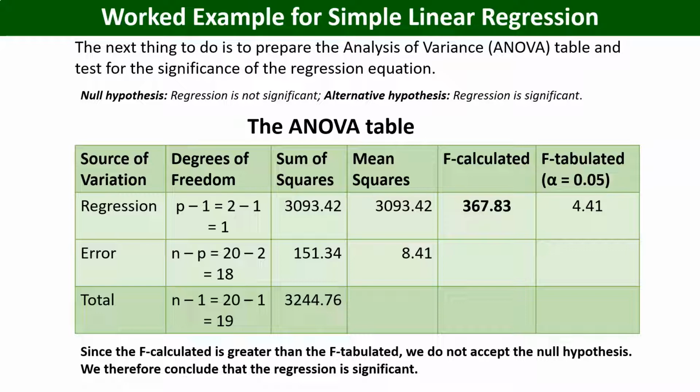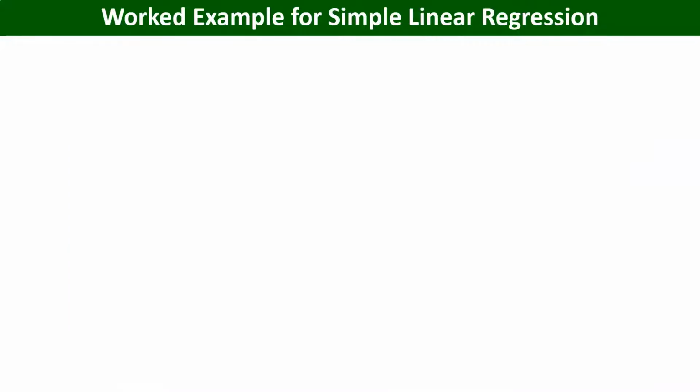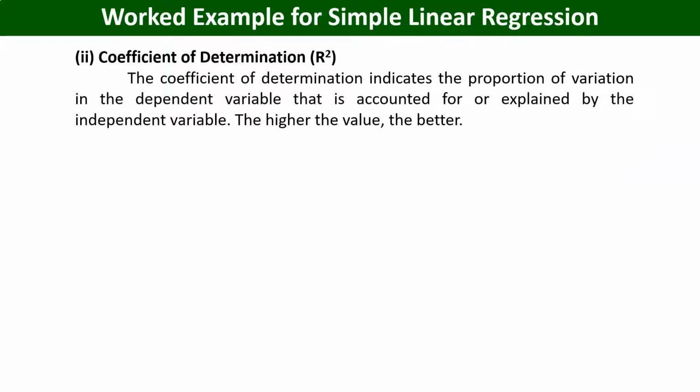So that regression equation we developed in video 1, we have tested it now and we realize that it is significant. And that's one of the requirements. So it means we are good to go. That equation has met that requirement. It is good. So we move on to the next, which is the coefficient of determination.